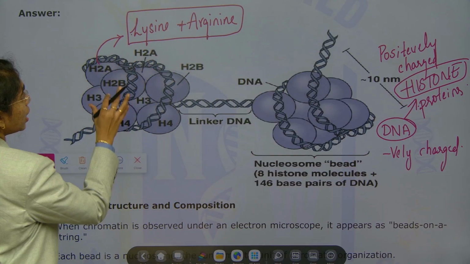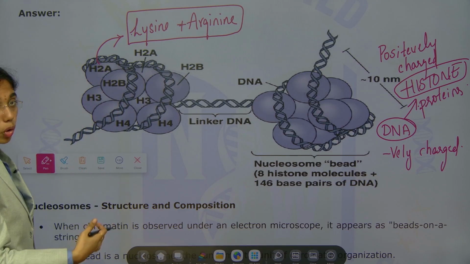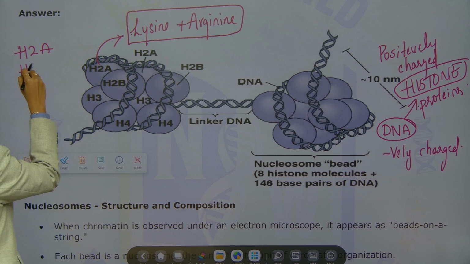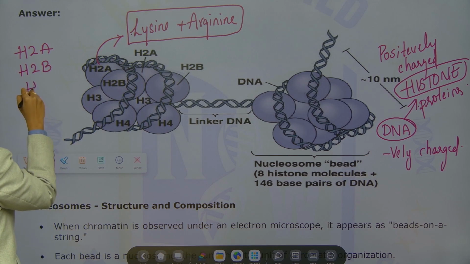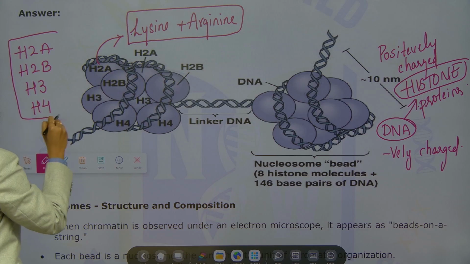So, here if you see, we have the histone octamer. What are the 4 proteins of histones? H2A, H2B, H3 and H4.